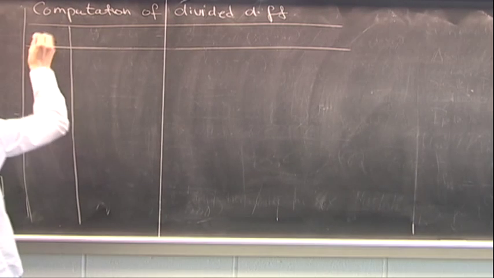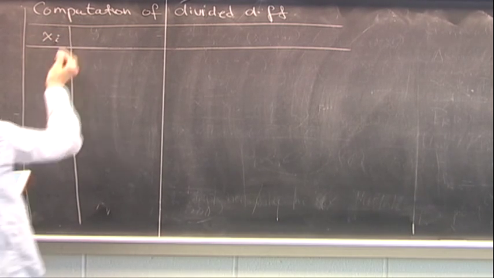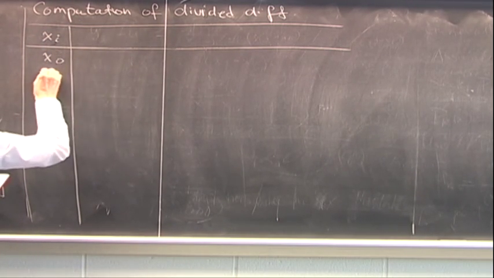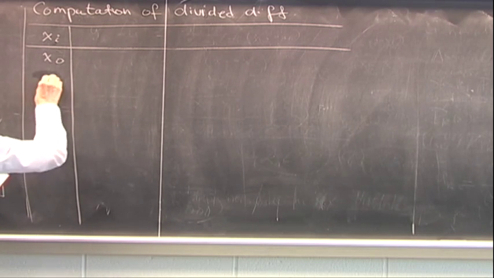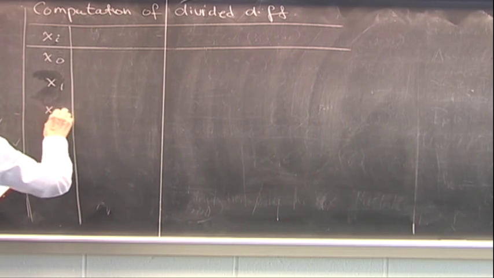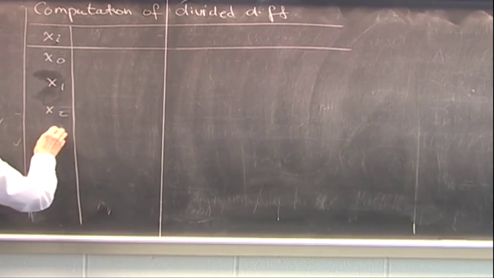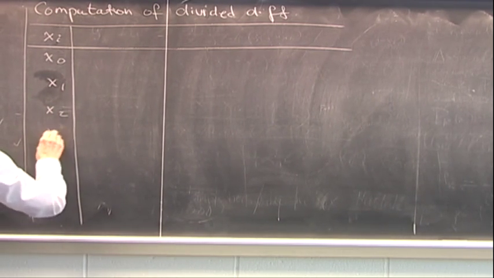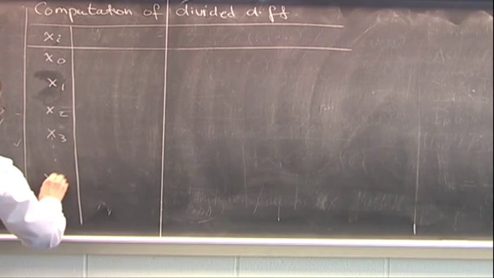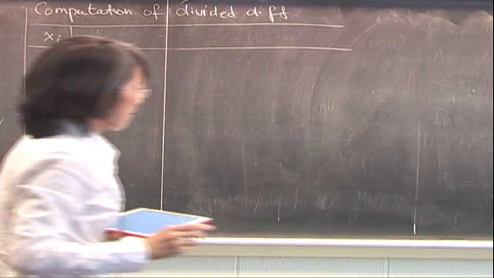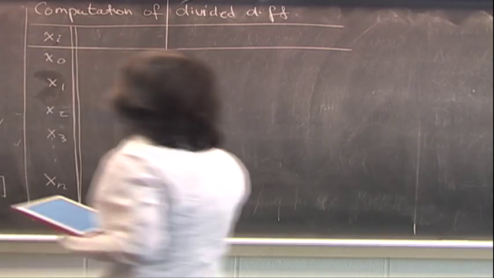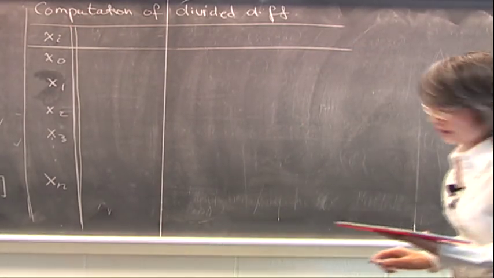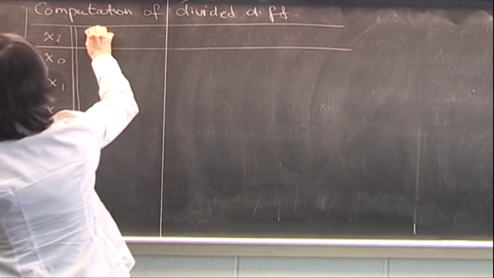So first column we are putting the x values. So x0, x1, x2, and should I take an x3? Maybe. And the last one is xn. Okay, so these are the x values, so they don't really get much tangled with the rest. Okay, now I compute all these divided differences.